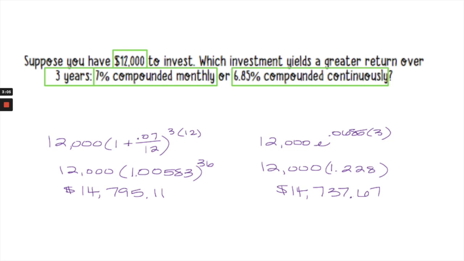So again, our human nature is, if it's happening continuously, it's got to be the better result, which we see is not really always true. In this case, we're going to get a better return if we are taking our 7% compounded monthly over 3 years.